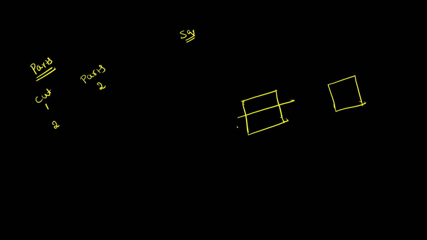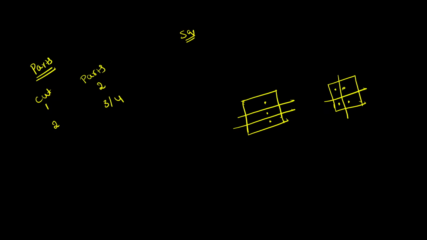You can cut through the same axis, or you can distribute the cuts to two different axes. If you make two cuts through the same axis, you will get three parts. If you distribute the cuts between the given two axes, you will get four parts. So 3 is the minimum and 4 is the maximum.